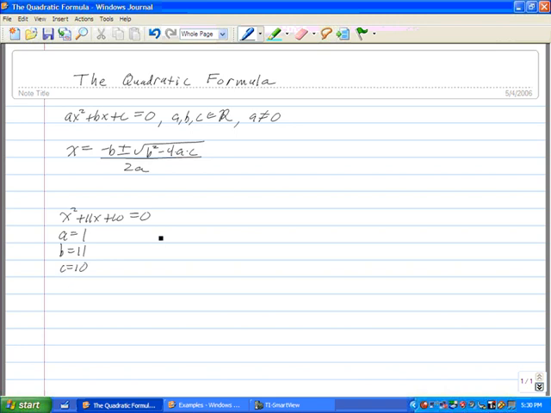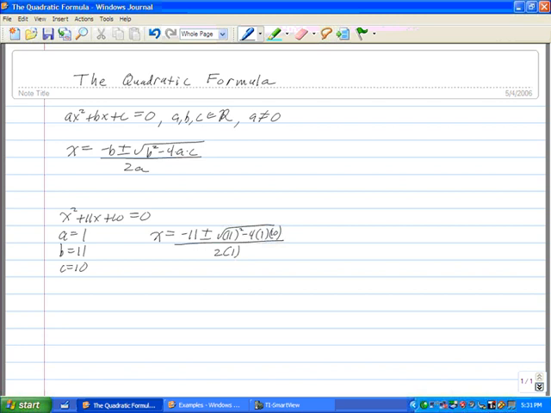So now we put it in the formula. The solution to this equation is x equal to opposite of b plus and minus the square root of b squared minus 4 times a times c all over 2 times a.